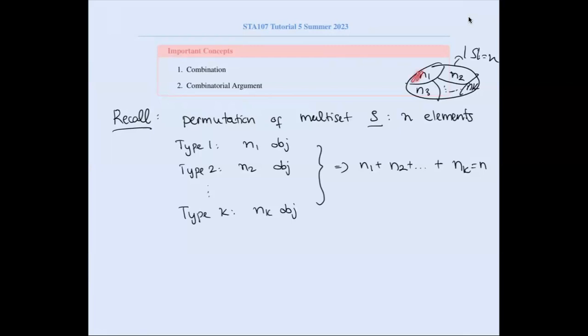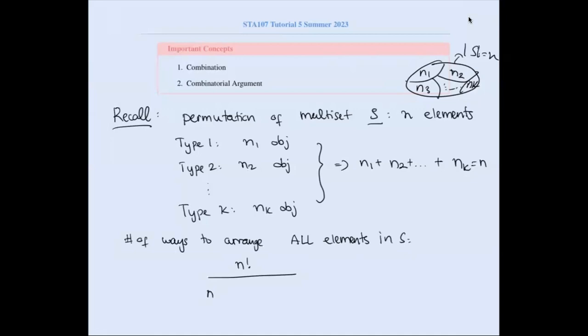If you add the cardinality of each subset together, you get the cardinality of the whole set, which is n. And we say that the number of ways to arrange all elements in S is n factorial divided by n1 factorial, n2 factorial, up to nk factorial.